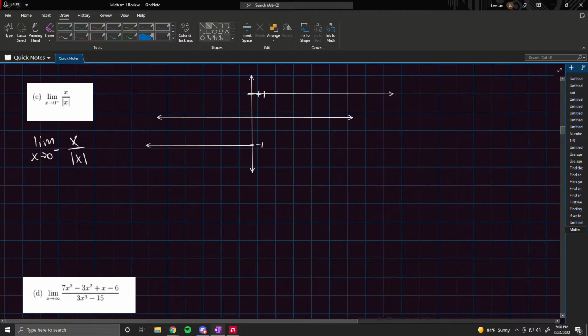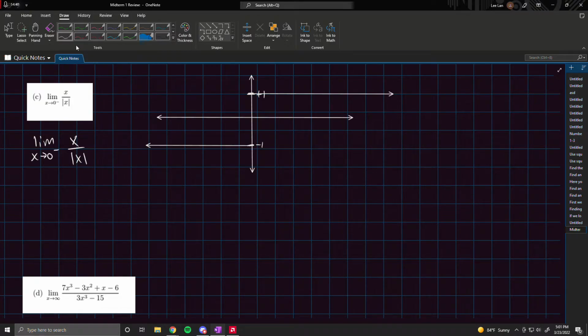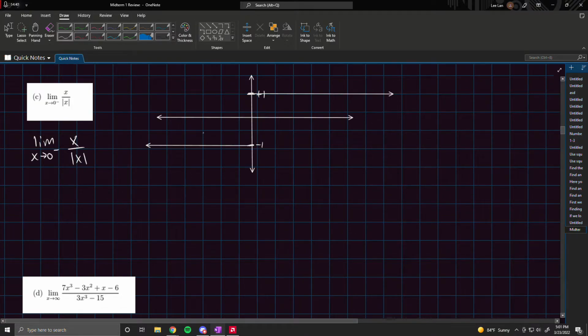Right? And so, what is the limit as x approaches 0 from the left? Well, here is 0. As we approach 0 from the left, it seems like we're at negative 1. And if you approach 0 from the right, you should be at positive 1.